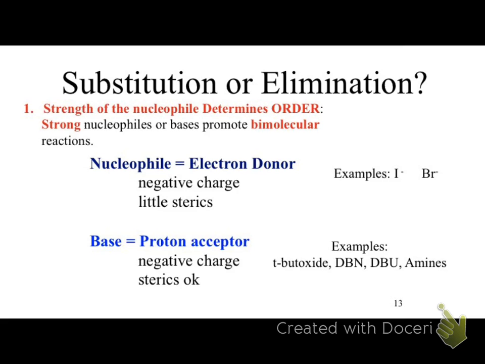We can look at our nucleophile as an electron donor and our base as a proton acceptor. A nucleophile donates its electrons to what, though? What's the big difference here? Kind of right. Cation, but particularly what kind of cation, or rather what not cation. What does the nucleophile donate its electrons towards?